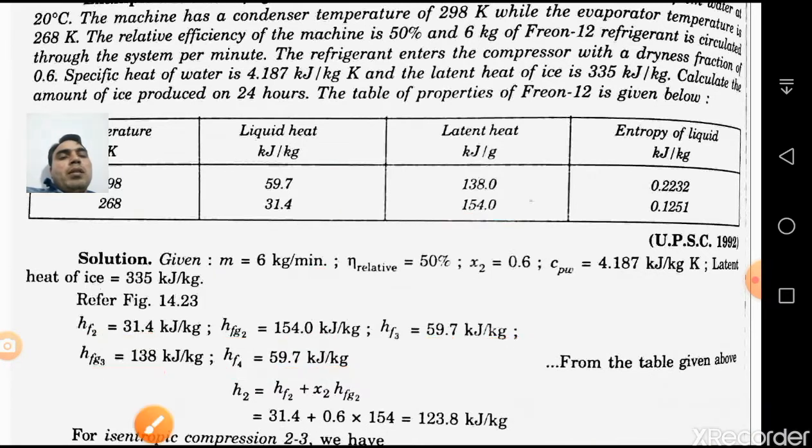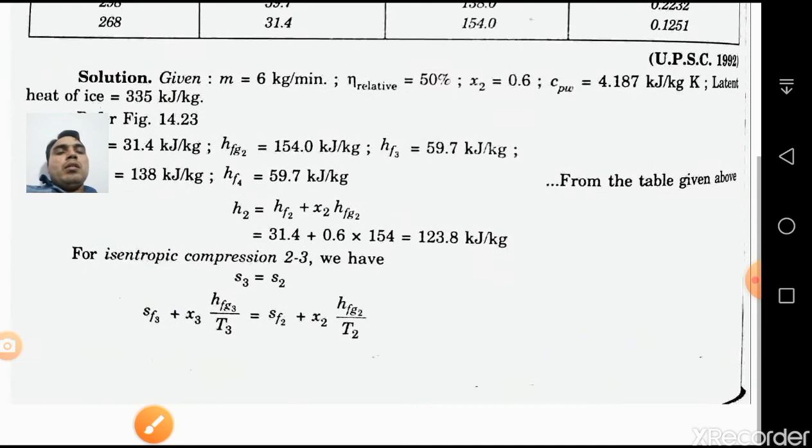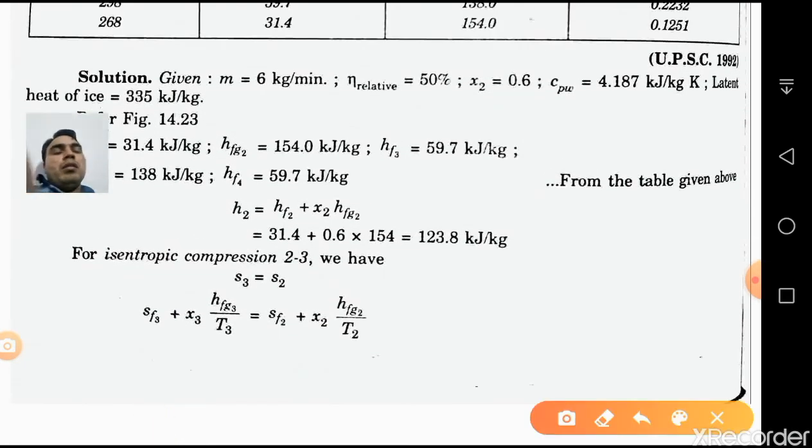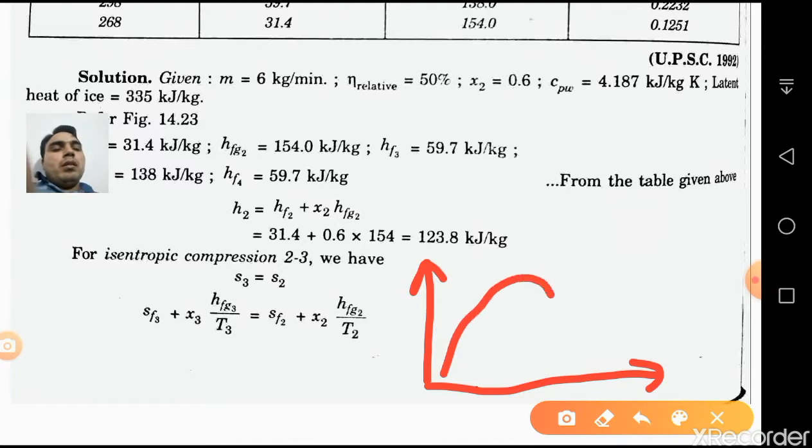So we have to find the h2 value. You see, I can make a TS diagram of this cycle. This is the TS diagram, a rough diagram.